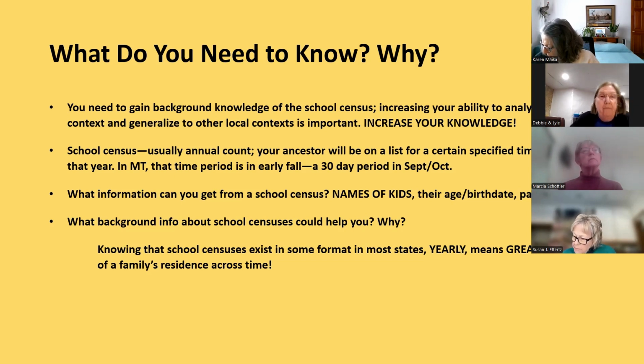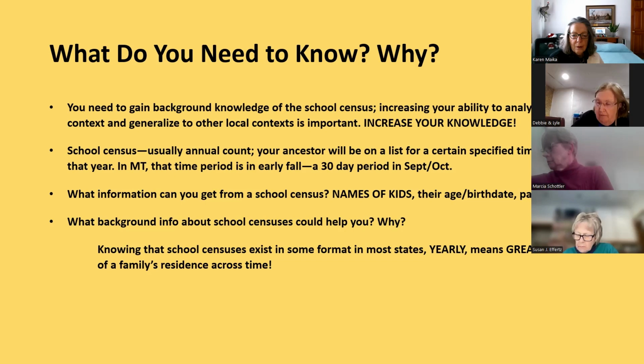You can get the names of kids, their age, their birth date, their parents, their mom's names. I can't tell you how important that is, especially when you find those ladies in the 1890s, 1900s, 1910s, and 1920s just described as Mrs. Washburn, Mrs. Jones, Mrs. Smith, or whatever.